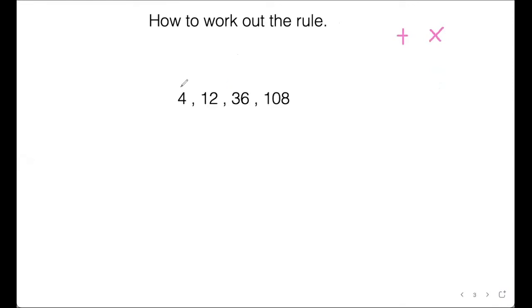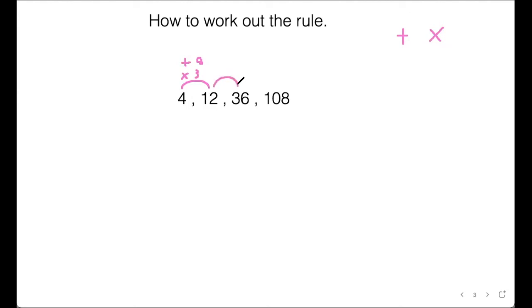How do we go from 4 to 12? We can go from 4 to 12 two ways. We can go from 4 to 12 by doing plus 8, or we can also do it by doing times 3. One of these needs to be eliminated, and we can do that by working out the jump to the next number, from 12 to 36.